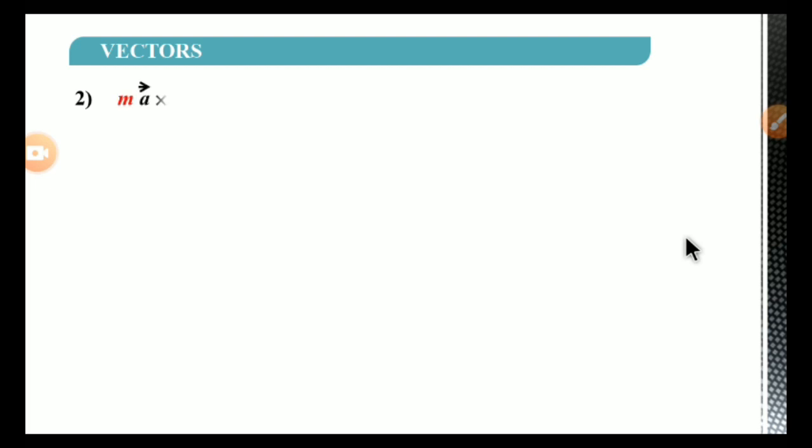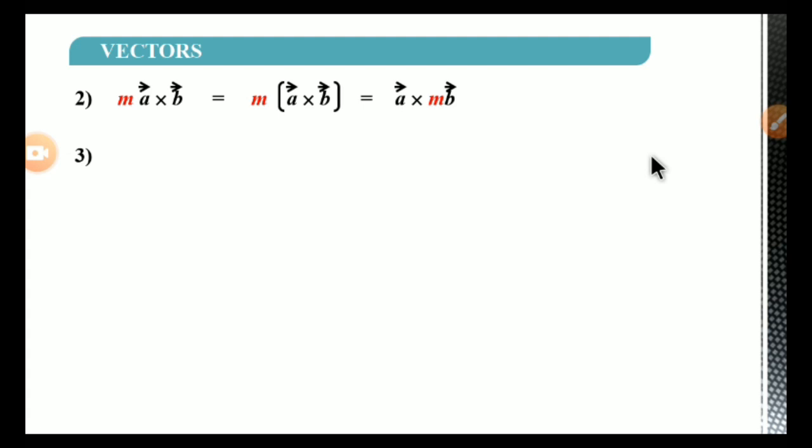Now the second property: m into a vector cross b vector is also equal to m into the bracket of a cross b. So here we can write like this also: this is also equal to a cross m into b vector. This is also one of the important properties, where m is any scalar.